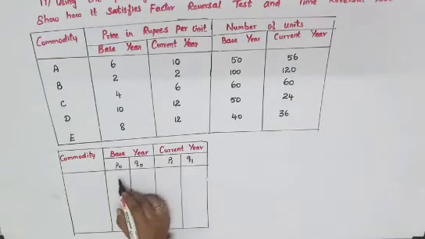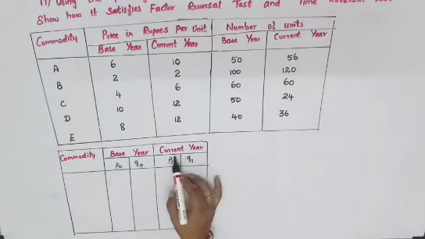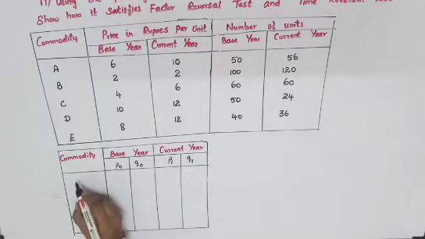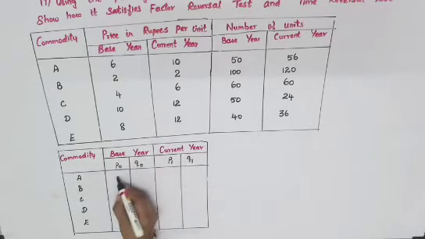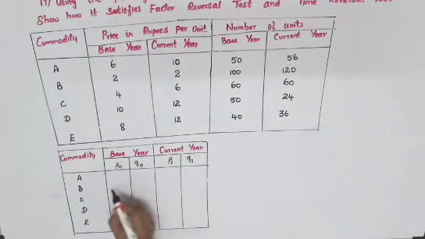We will just combine the base year, that is your price and quantity, together, and your current year's price and quantity together. Okay, so here the commodities are A, B, C, D and E. Now base year, that is P naught price, you will have to write it. That is price here for your base year. So write this here: 6, 2, 4, 10, 8.